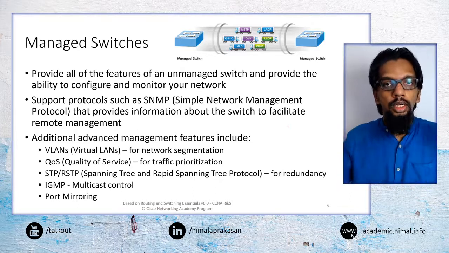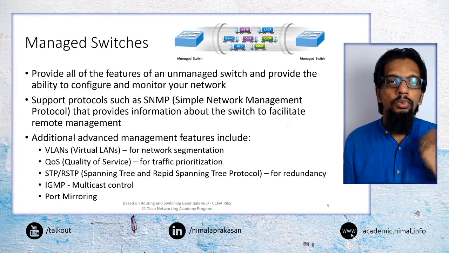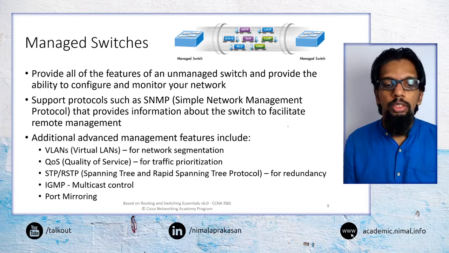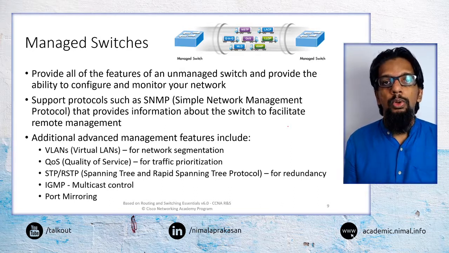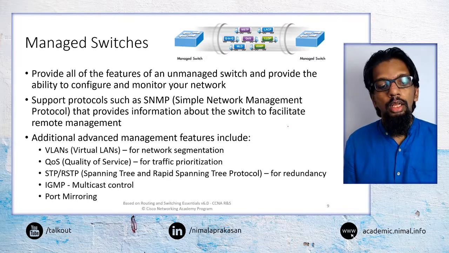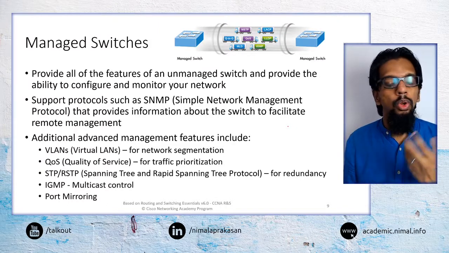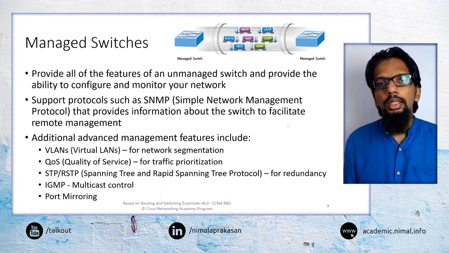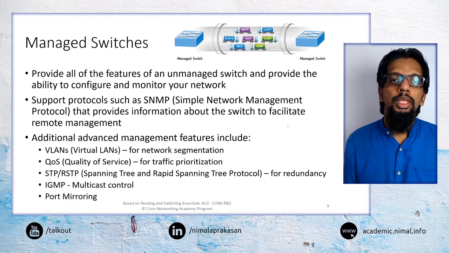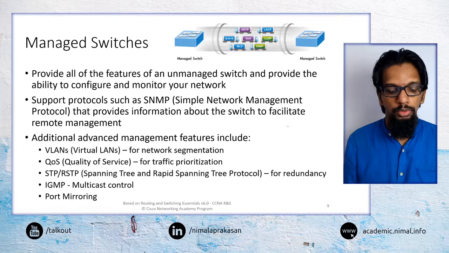When we are building these redundant pathways and redundant components in our network, we may have to use some additional protocols such as spanning tree protocols and such. And we may use things like multicast control or port mirroring. So again, these are some things that we will go into discussing later on in the course. But these are the types of things that we would expect these managed switches to support.